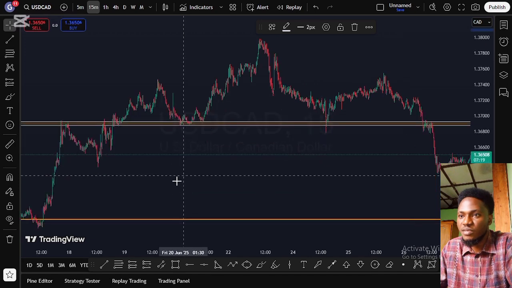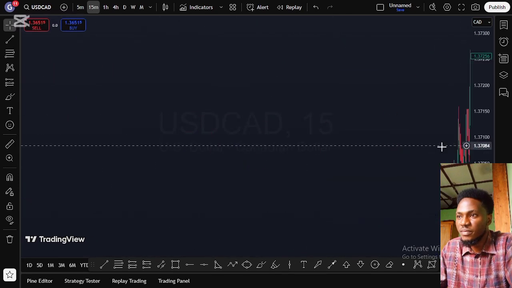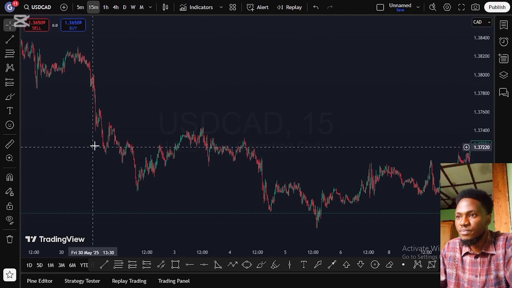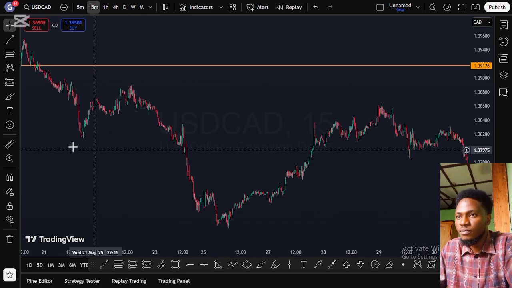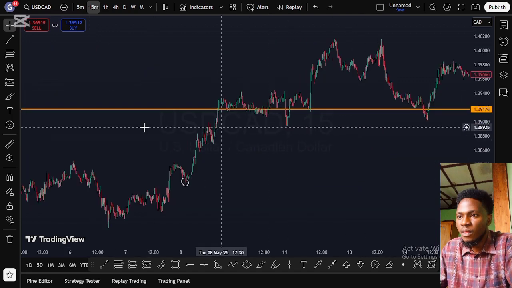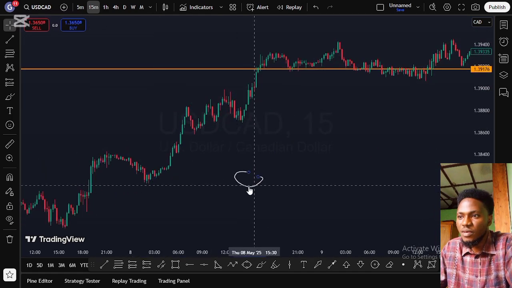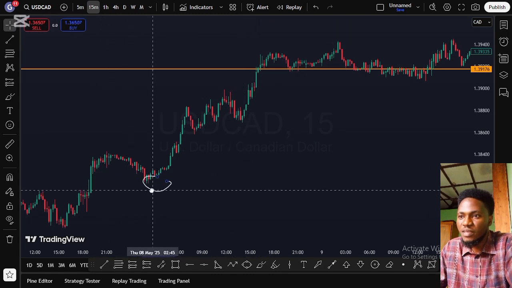I pray my TradingView plan takes me back that far. Okay, so I've seen it. This is what I'm talking about. Sorry, this is the zone. This was where I marked out.